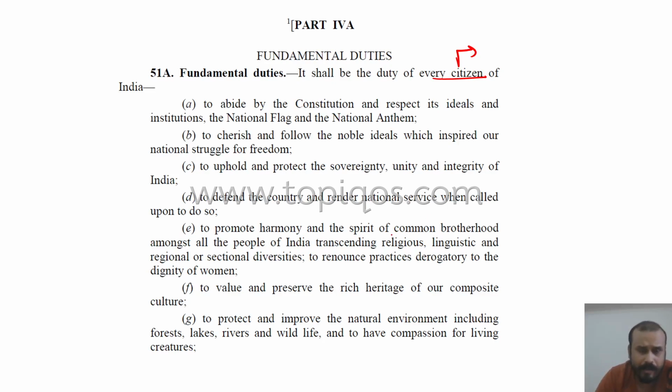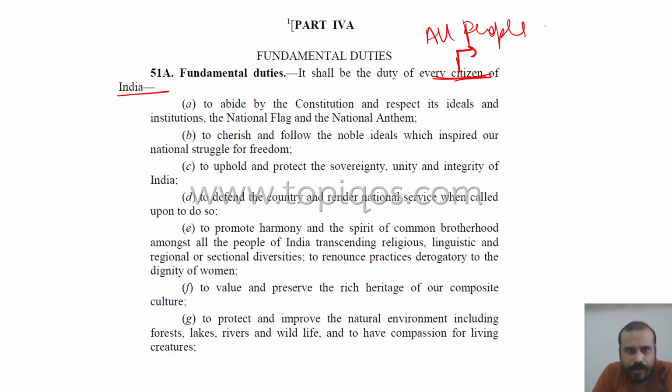Or is it the obligation of only the citizens of India to perform fundamental duties? Yes, because the Constitution says it. The first line of Article 51A says, it shall be the duty of every citizen of India. Does it say all people? No, it doesn't. That means only citizens of India are obligated to perform fundamental duties.